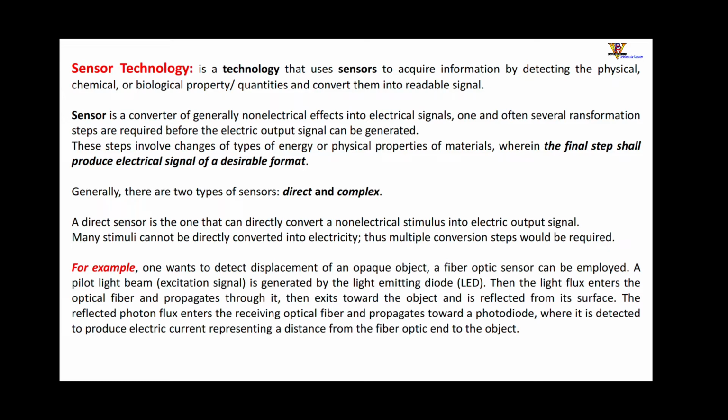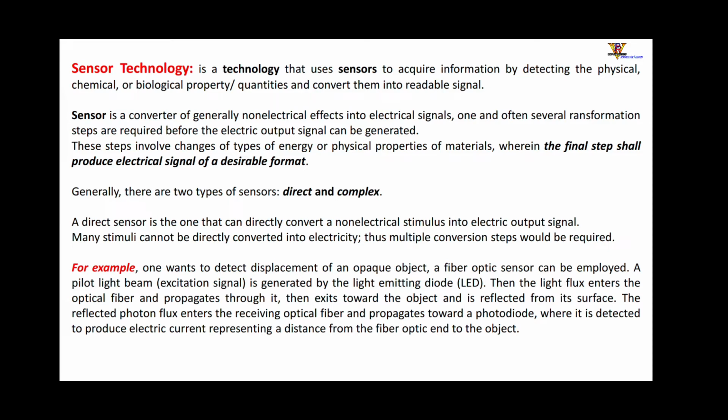So in a sensor we may have different transducers present, and by those transducers several transformations can be done before that electrical output signal is generated. These steps involve change of type of energy.